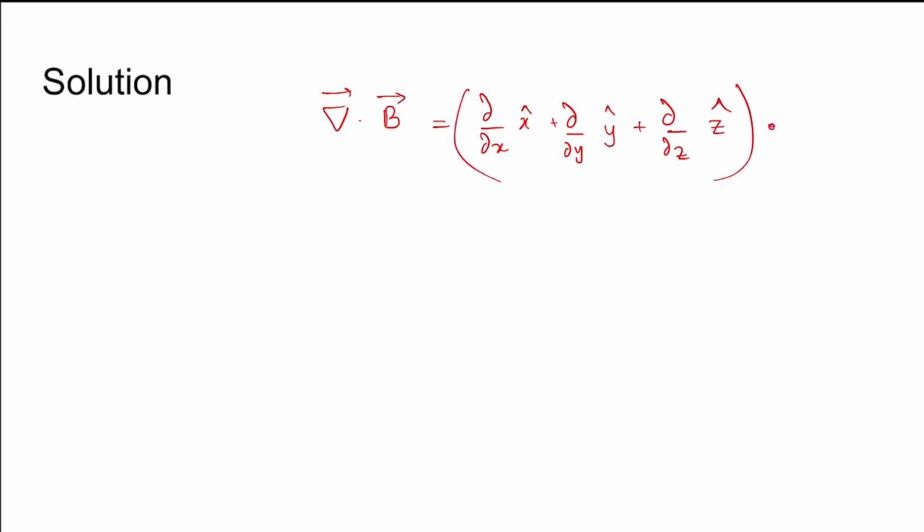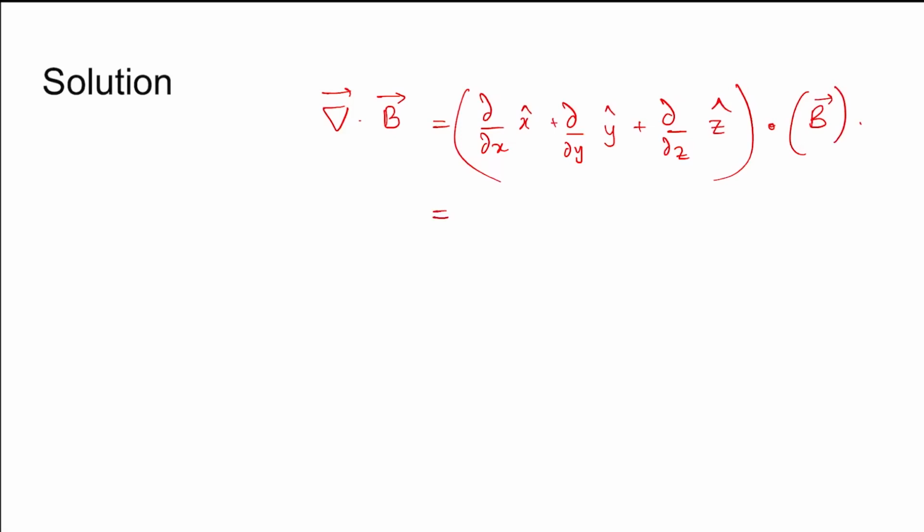So now we come to the solution. We know divergence formula is given by d dx of x hat plus d dy of y hat plus d dz of z hat, and we need to take the dot product of it with the magnetic field vector.